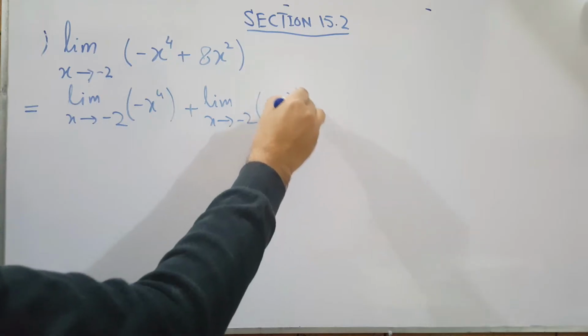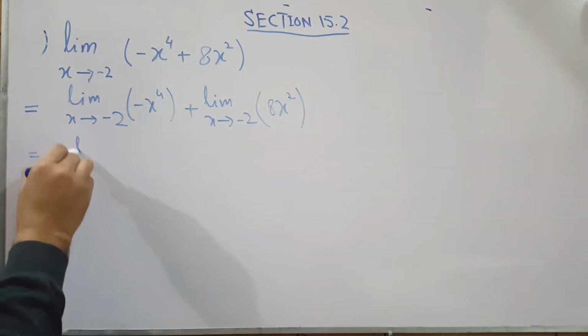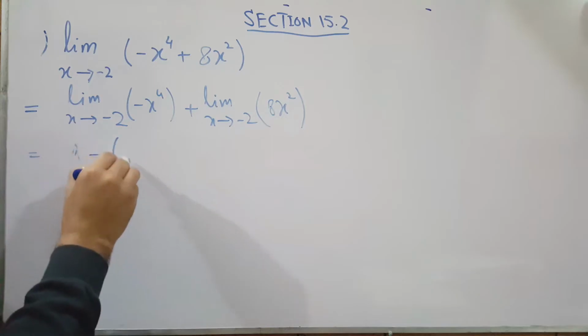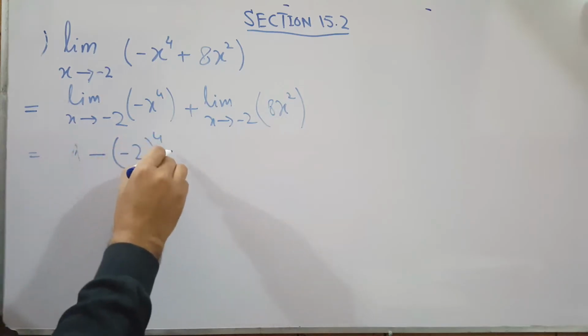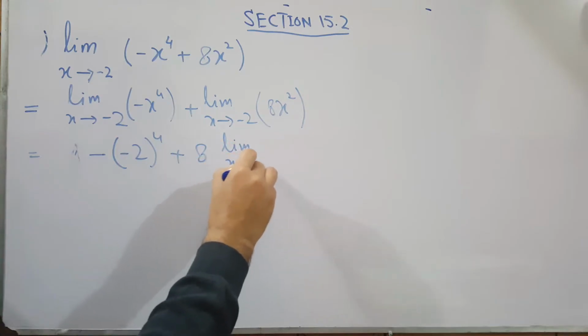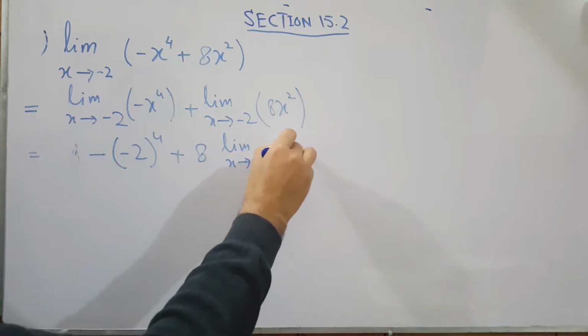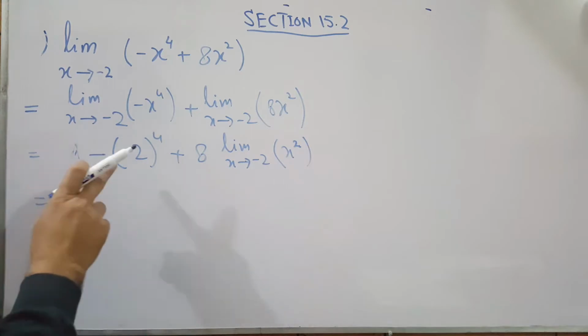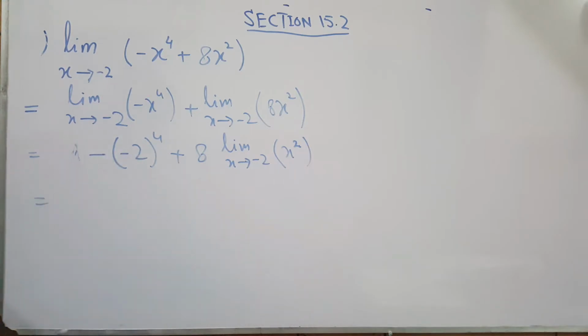And 8x squared, so you can apply the limit over here, minus 2 power 4, and you can take the 8 out first, and then you can apply the limit in the next step. So the square of minus 2 is minus 2 times minus 2, which is plus 4, and then into minus 2 gives us minus 8, and then into minus 2 gives us plus 16.